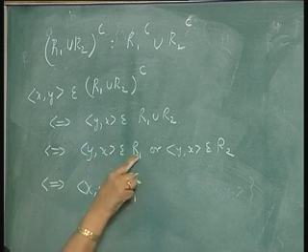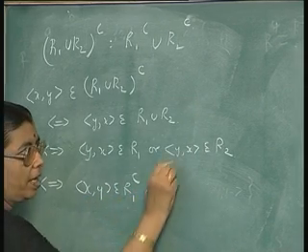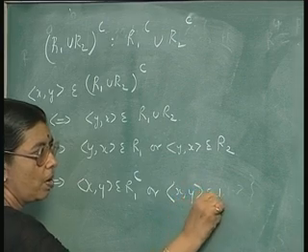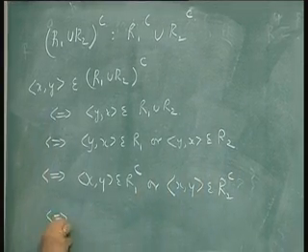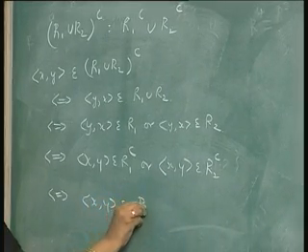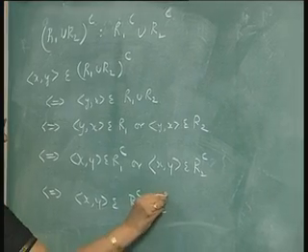For (y,x) belongs to R1, (x,y) will belong to R1^C, or here (y,x) belongs to R2 means (x,y) will belong to R2^C, and that is equivalent to saying (x,y) belongs to R1^C ∪ R2^C.